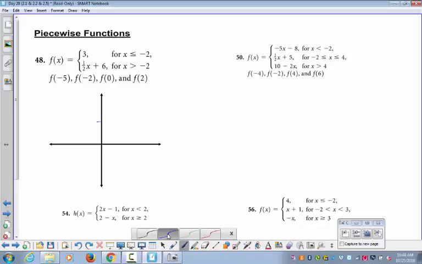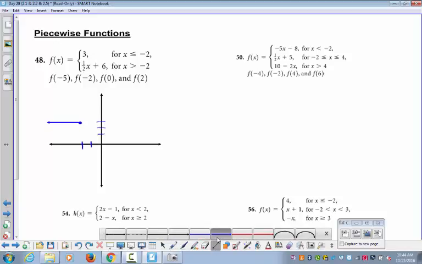So when we look at the graph of this, less than or equal to negative 2, the y value is 3. So right there, and then we're going straight left like that, constant. That part makes sense for that piece? So the y value is exactly 3 for all the x's that are less than or equal to negative 2.